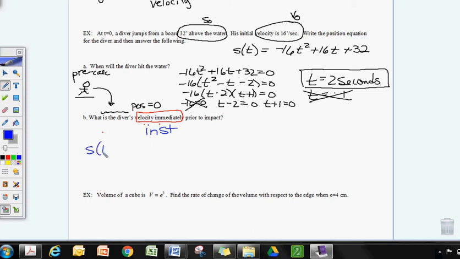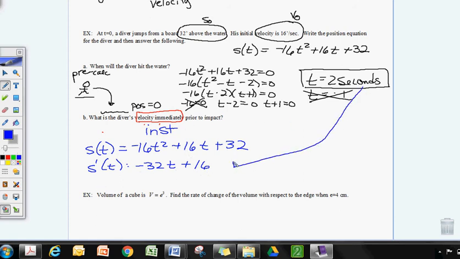So s of t, my original function, is negative 16t squared plus 16t plus 32. My derivative is going to be negative 32t plus 16. So now at time 2, s prime of 2, finding the instantaneous velocity, that's negative 32 times 2 plus 16. That would give me, he's traveling at negative 48 feet per second.